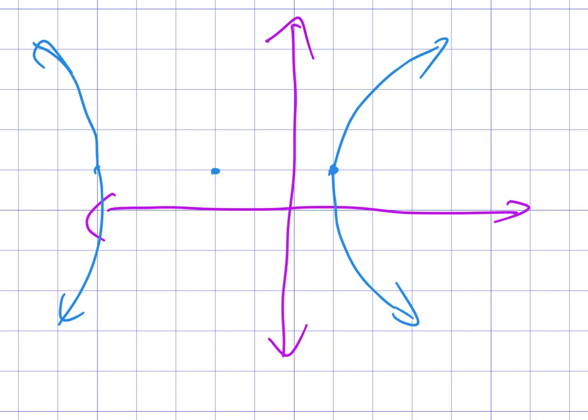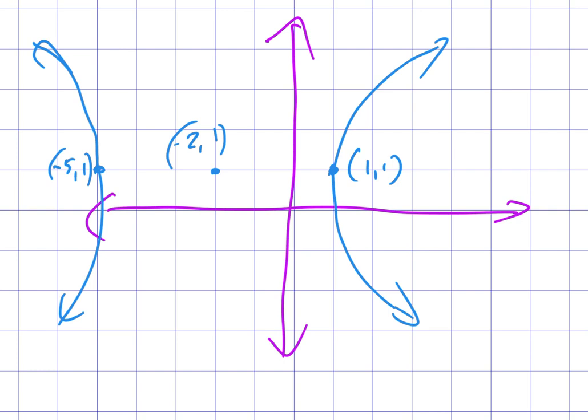So my vertex there is 1, 1. My center is -2, 1. This vertex right there is 1, 2, 3, 4, 5. -5, 1.